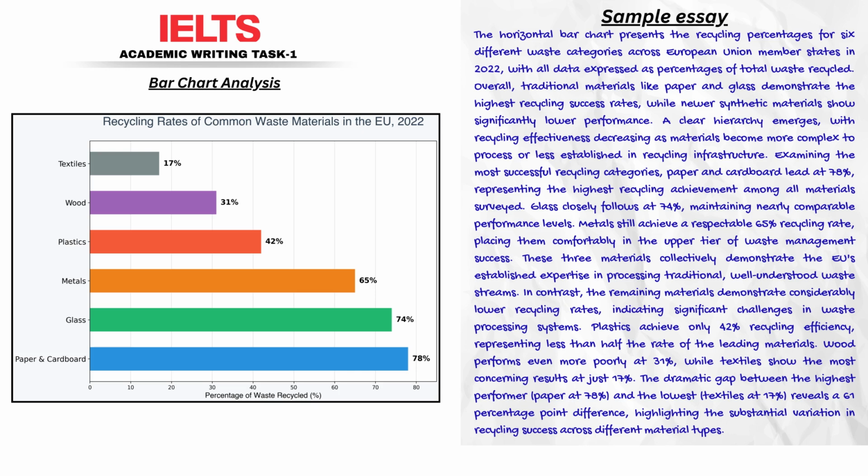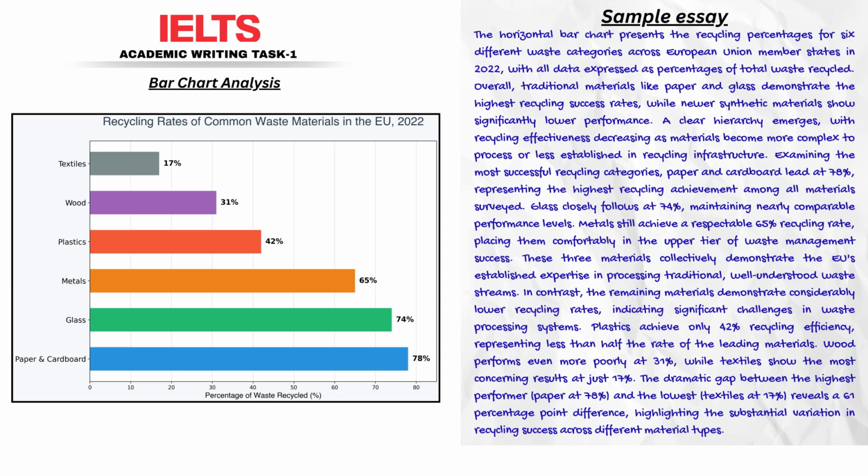It begins with examining the most successful recycling categories. A wonderful linking phrase. It provides specific figures like paper and cardboard lead at 78%, and uses sophisticated comparative language like closely followed by glass at 74%, and still maintains a respectable 65%. This shows precise numerical reporting with elegant transitions.